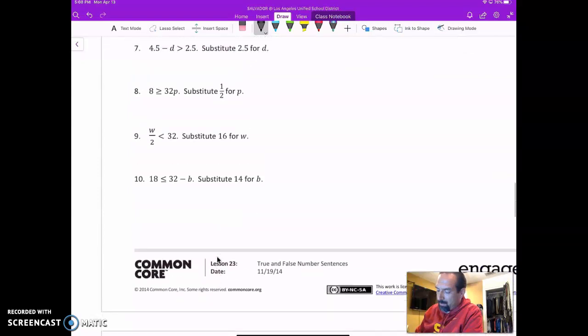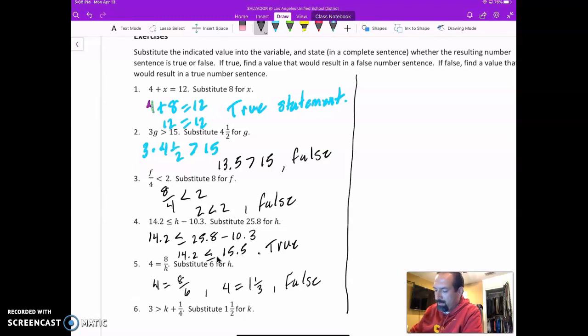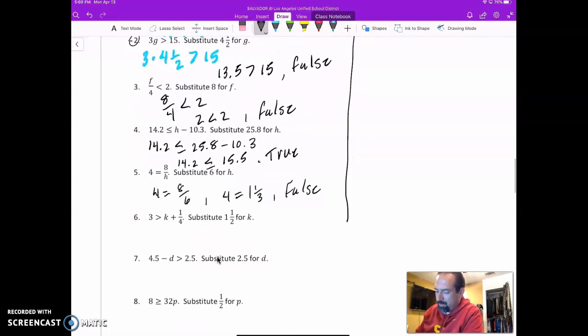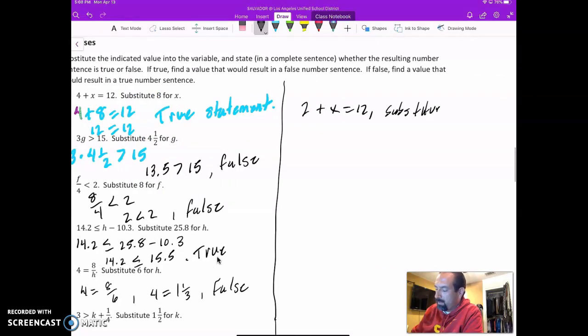But I am going to give you some problems in which you're going to have to figure out whether those statements are true or false. For instance, in your homework, you're going to have problems like this, like the one right here, like 1, like 2, so that you're able to tell me whether those statements are true or false. For instance, you will have 2 plus x equals 12, substitute x equals 3.